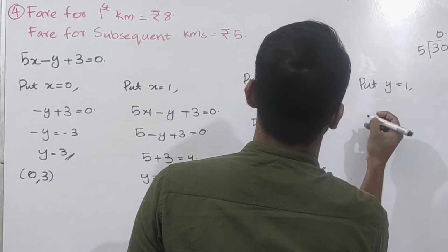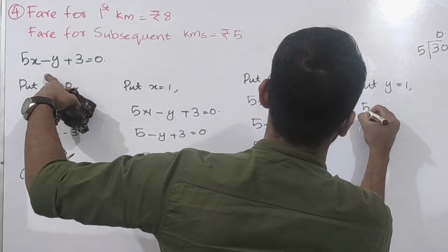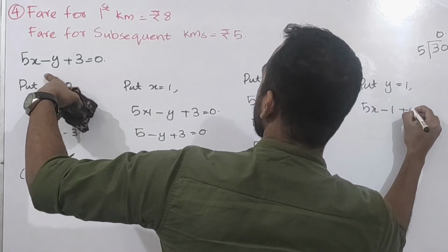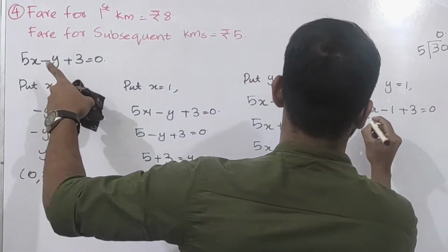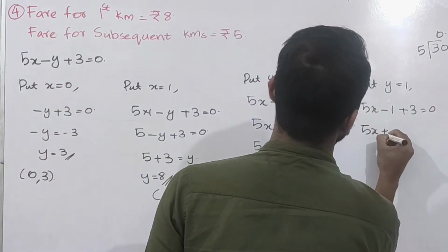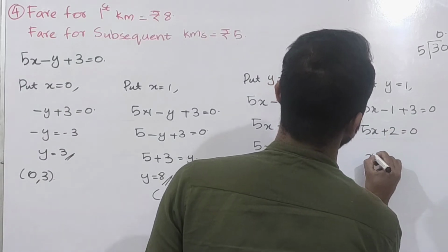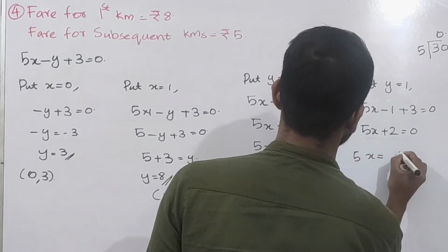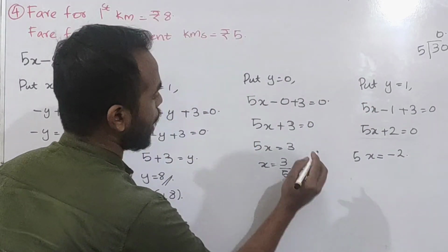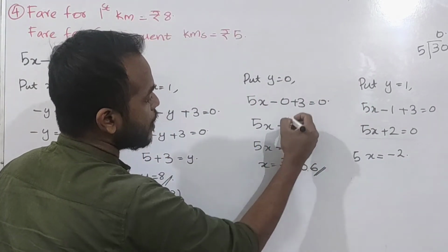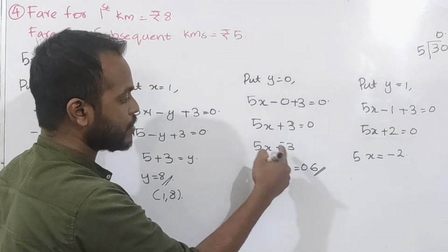Then put y is equal to 1. Then what happens? 5x minus 1 plus 3 is equal to 0. So what happens is that 5x plus 2 is equal to 0. 5x is equal to minus 2. Okay, here we have a small correction. When 3 is taken to the other side, there will be a negative symbol.